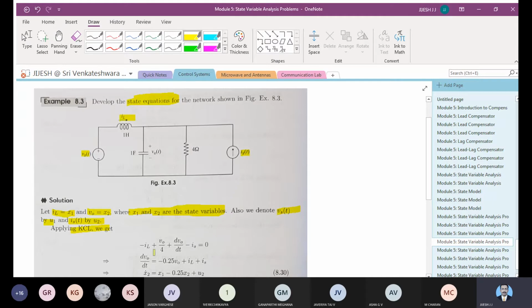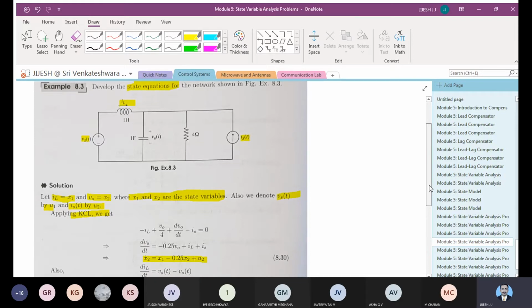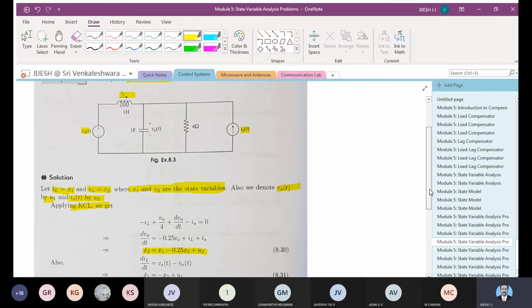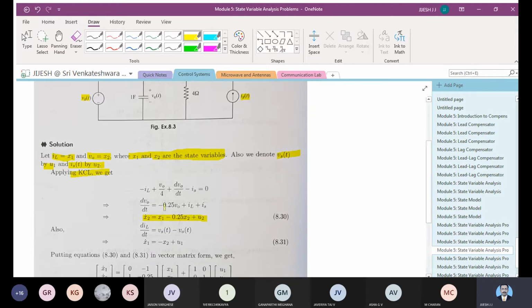After writing the KCL equation, you need to write it for dV0 by dt. V0 you have defined as x2, so dV0 by dt means x2 dot. So x2 dot will be equal to x1 minus 0.25 x2 plus u2.